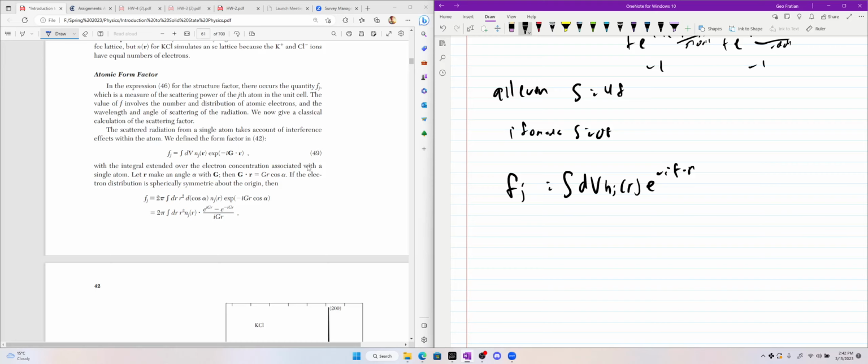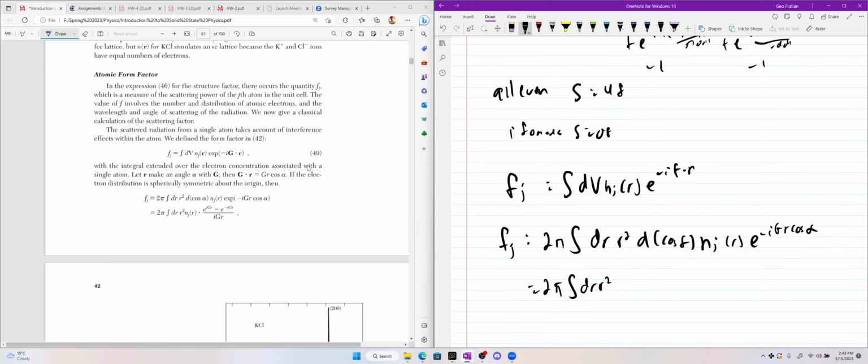If the electron distribution is spherically symmetric about the origin, right, then we have f_j equals 2π integral dr r² d(cosine alpha) n_j(r) e^(-iGr cosine alpha), which is just 2π integral dr r² n_j(r) (e^(iGr) - e^(-iGr))/(iGr).